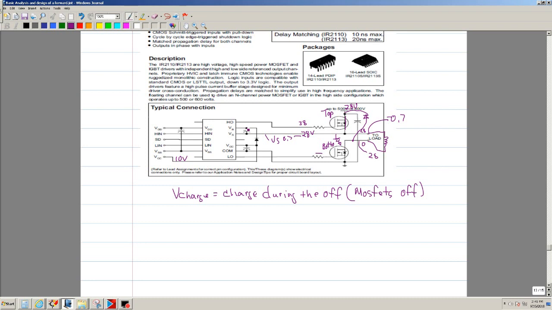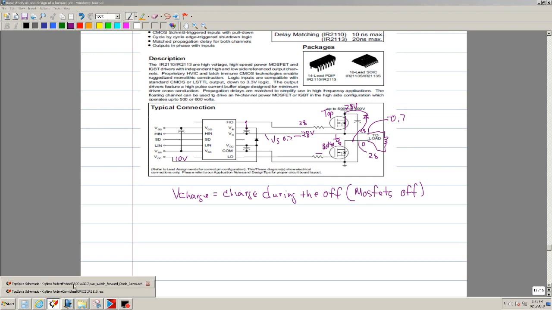Now that it's being charged to 10 volts during the off time, and you want to turn it on, it connects that across the MOSFET and turns it on. Okay, so that's a real nice configuration. You can call it a charge pump or a bootstrap. Basically that's the way it works.